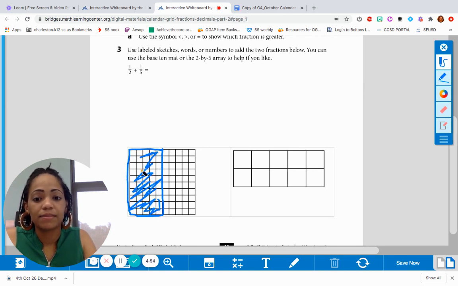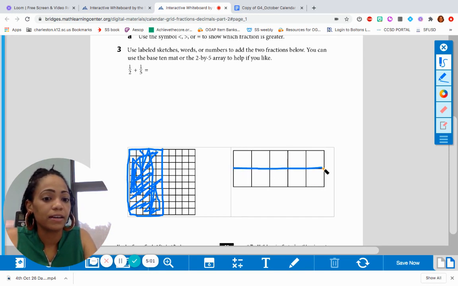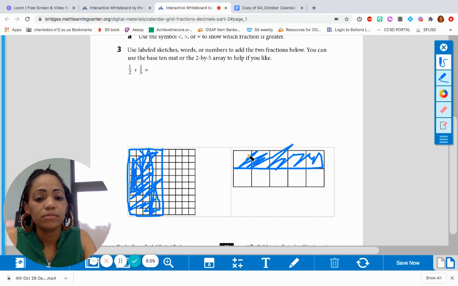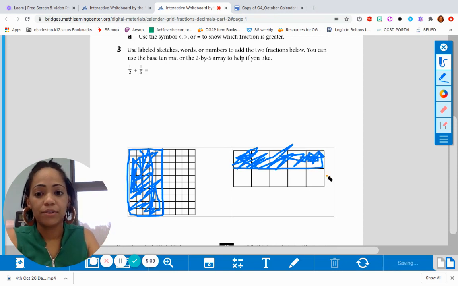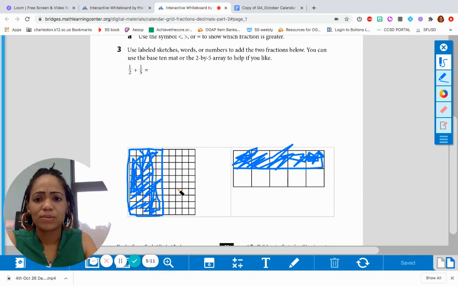That's 1/2. And now I need to add a fifth to it. And if I want to add or want to talk about a half here, then I could do this. The easiest way for me to show a half on this one. Now, well, what's a fifth worth?